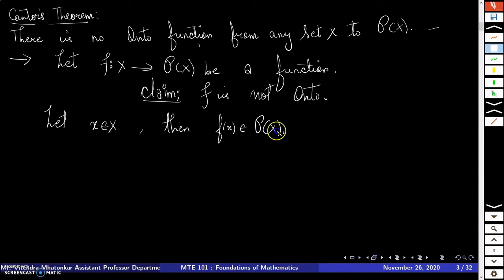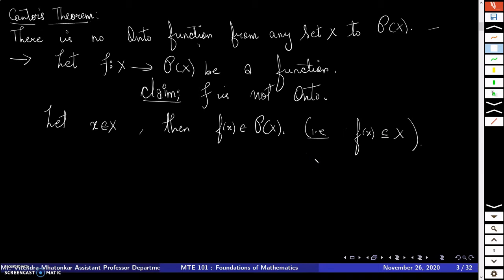So f of x is a point in the power set of X. What does this mean? It means that this f of x is a subset of X, because it is a point in the power set of X. And the power set of X contains all subsets of X, right? So f of x must be a subset of X because it's an element of the power set of X.